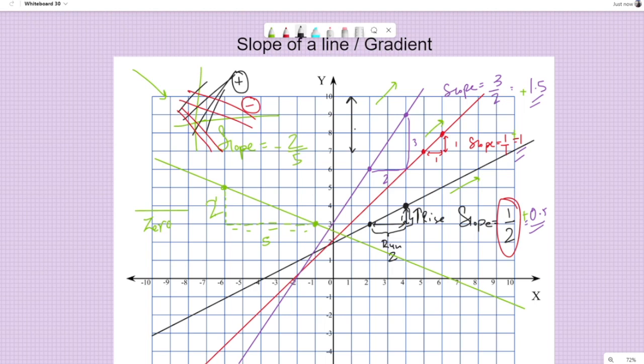We still can't figure out the slope of this line. So a line going upwards is positive, going downwards is negative, horizontally straight is 0, and vertically straight, you don't know the slope of that line. Okay, so let's see some lines and figure out the slope.